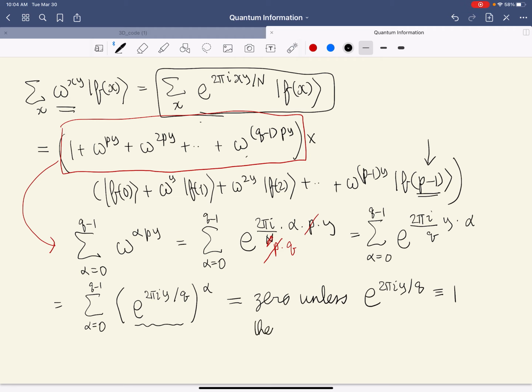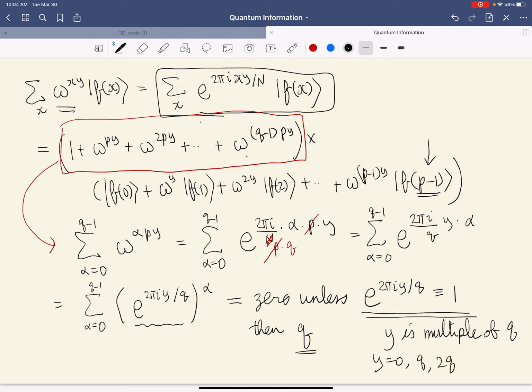Then the result of the summation will be this number q. Okay, so what this condition implies is that y is a multiple of q. So y can be 0, q, or 2q, and so on.